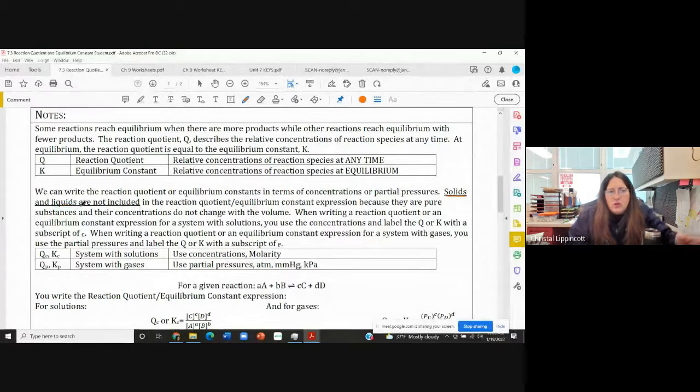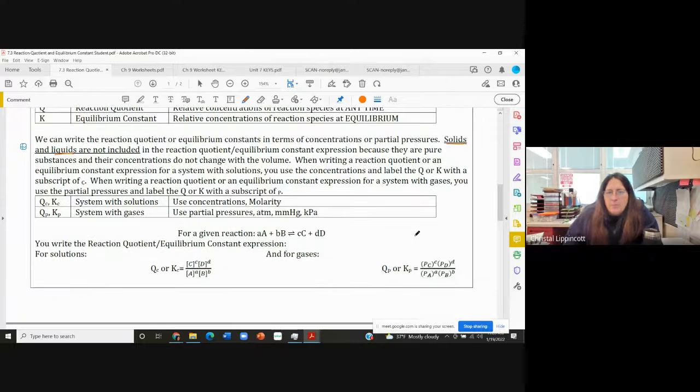Although we do include aqueous things. So if the liquid is aqueous, we include it. Writing a reaction quotient or an equilibrium constant for a system, you use the concentrations and label it Q or K. It's Q if you don't know that it's at equilibrium. It's K if you do. But they're written the same way. So Q would be the concentrations at a particular given time. K would be the concentrations at equilibrium.